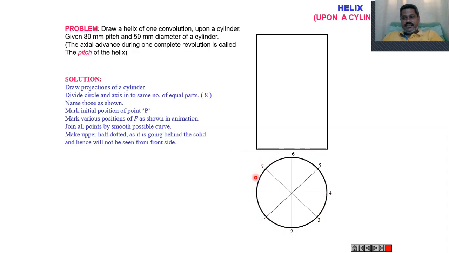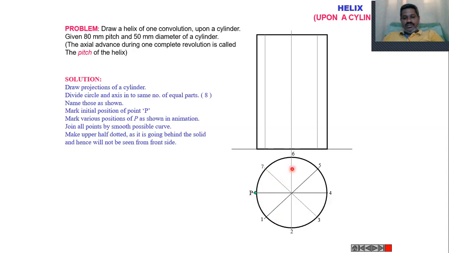After dividing the circle and naming all those points, project all these division points onto the front view like this, and assume the generating point is exactly at this location before moving. This is the starting point of the helix.